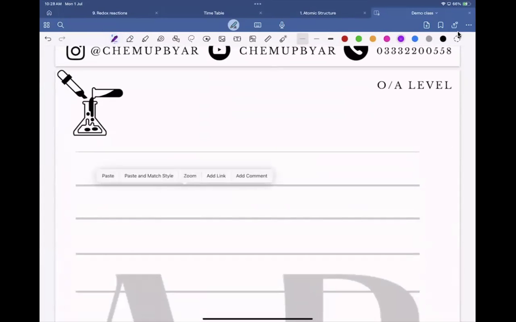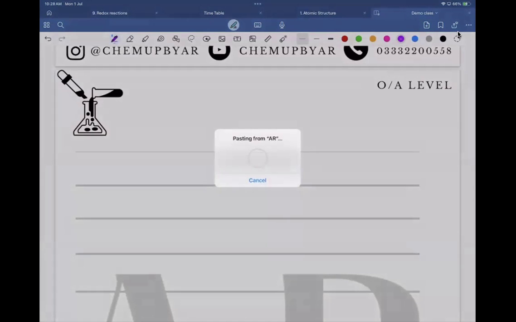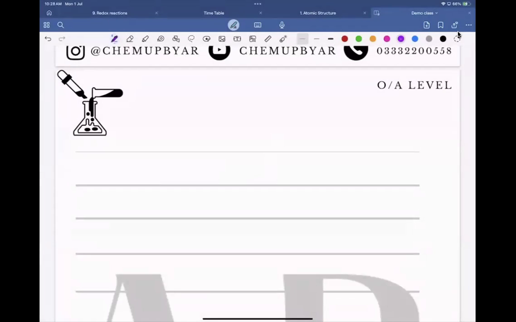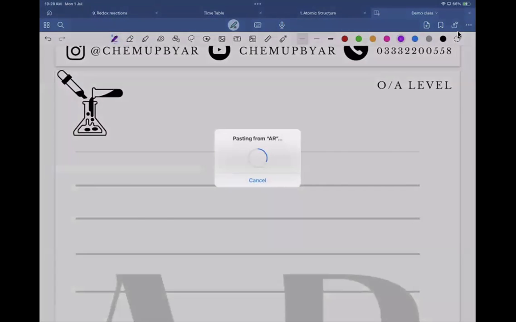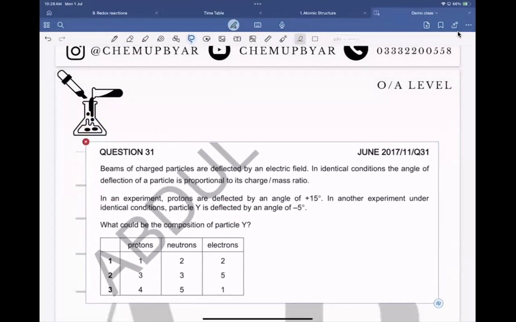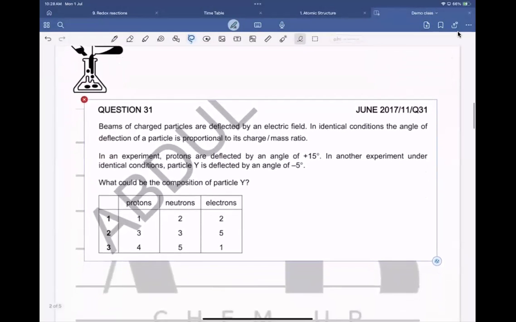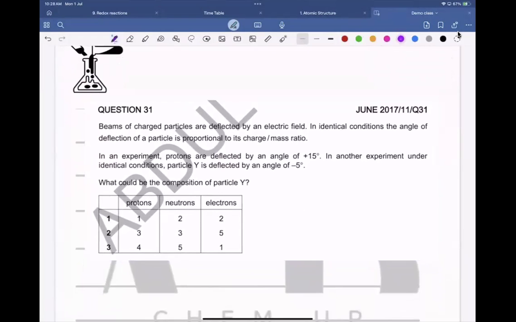Now I have one question for you. Here is the question. In this question, if you choose A as the correct answer, it means you are assuming that the first, second, and third statements are all correct. And if you choose B, it means the first and second statements are correct.